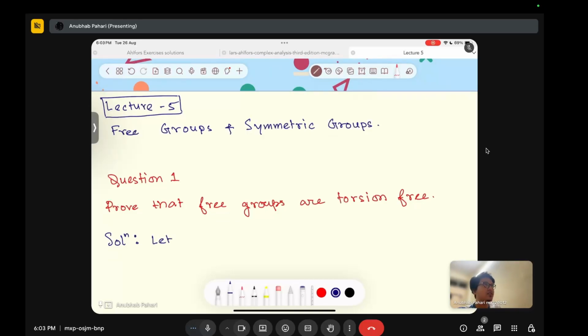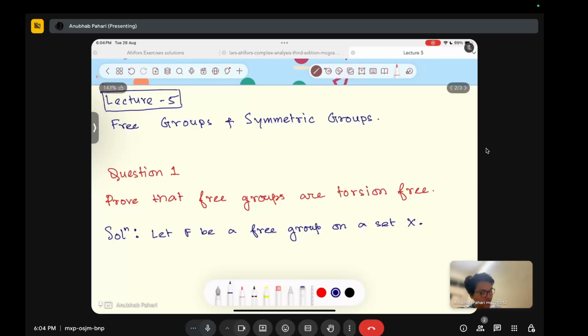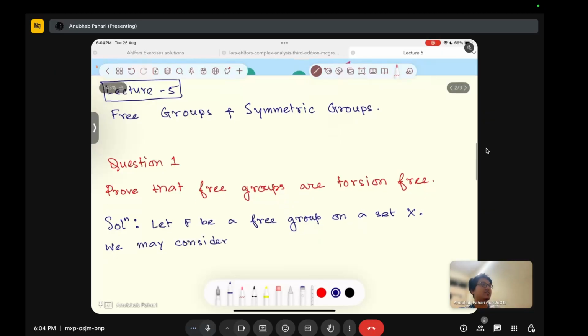Let F be a free group on a set X. So X is the set of generators. As I said, we may consider the elements of F in the normal form.